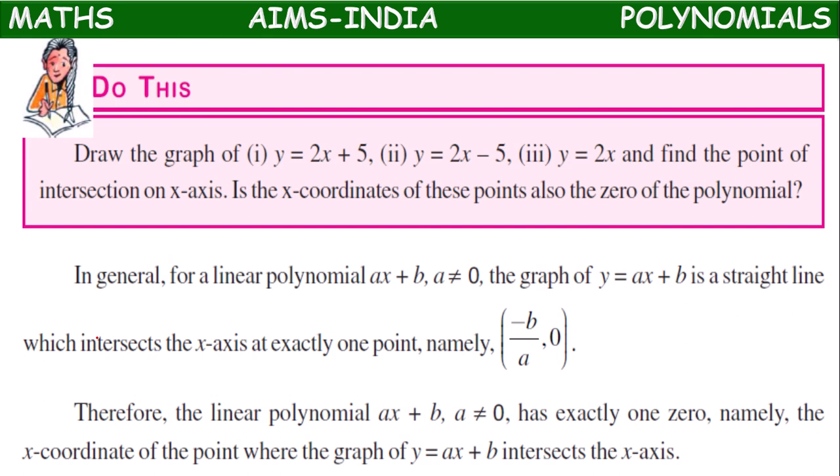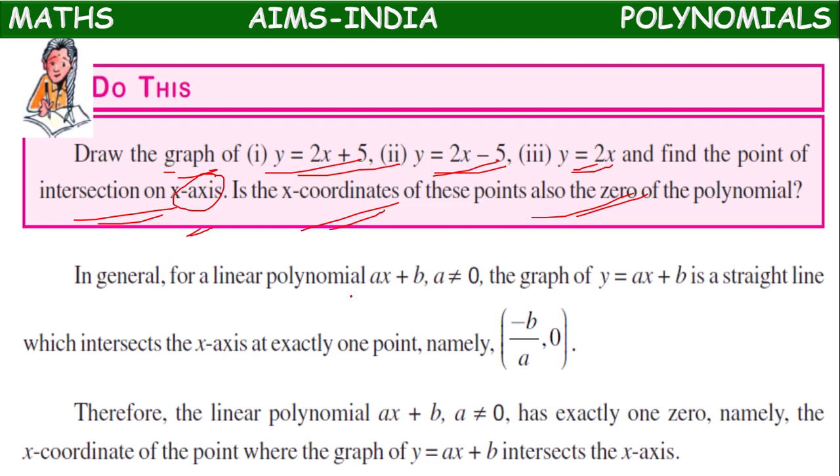Children, in the same way, you can draw the graphs of y equal to 2x plus 5, 2x minus 5, y equal to 2x, find the point of intersection on the x-axis, find the x-coordinate of those points, and find the zeros of those polynomials. You have to do that as homework.